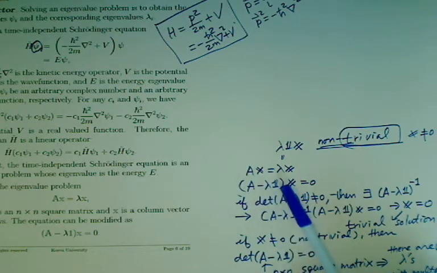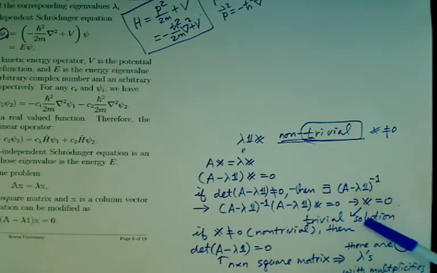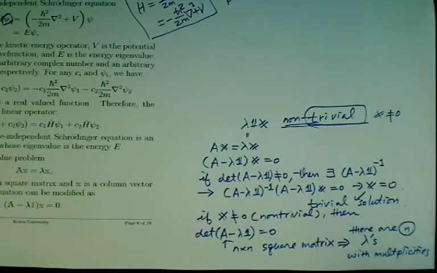If it is invertible, I can multiply by the inverse matrix to find that x is exactly 0. That is called the trivial solution. I'm not interested in a trivial solution that does not deal with any physics. Instead, we are interested in a non-trivial solution that is non-zero.